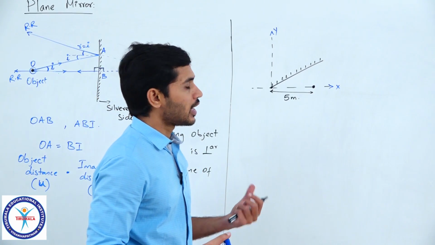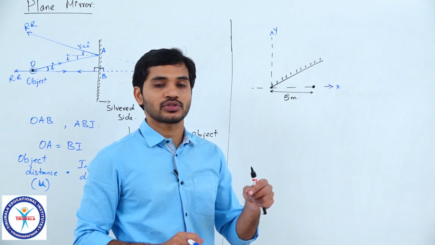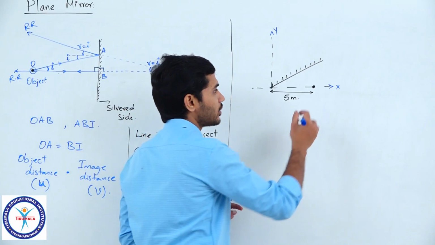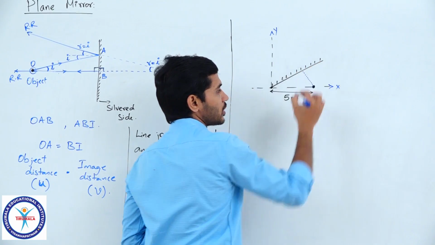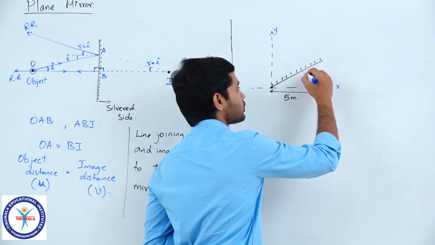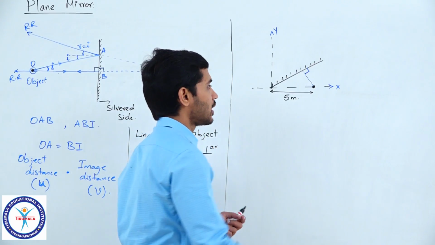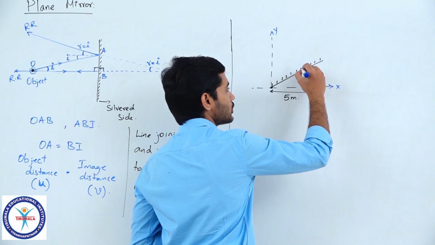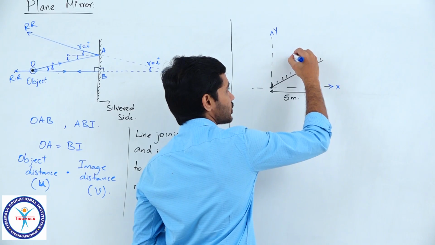The second is that the line joining the object and the image should be perpendicular to the mirror. So, I will draw a line from the object to the mirror which is perpendicular, find its length, and extend that onto the other side by the same distance.